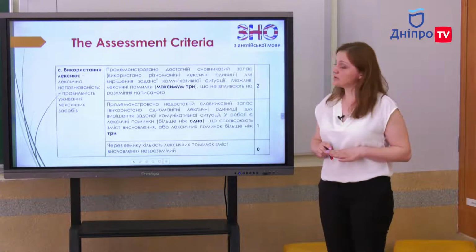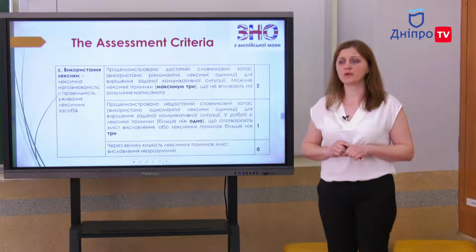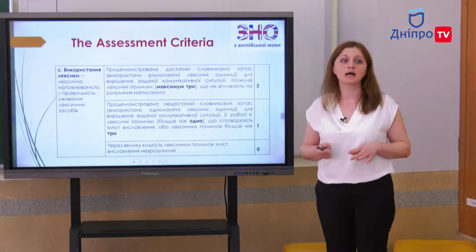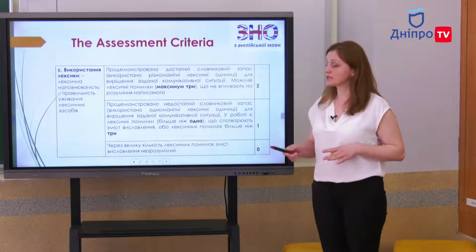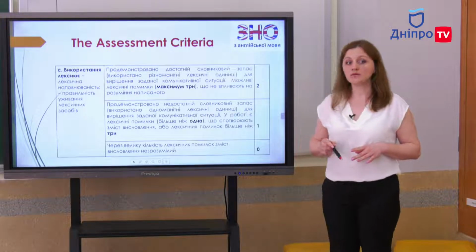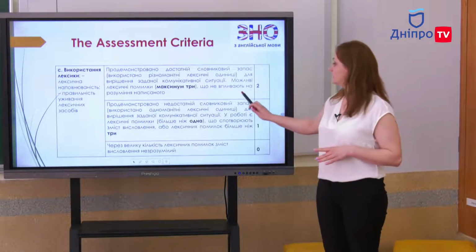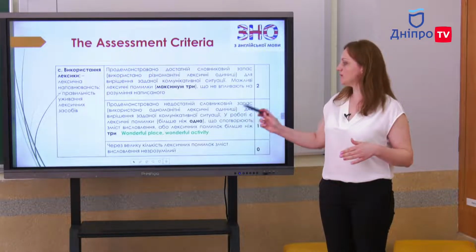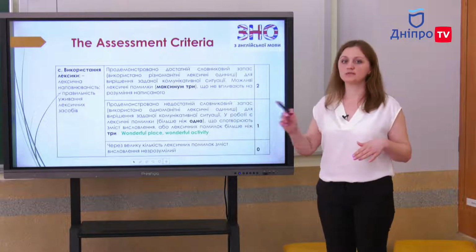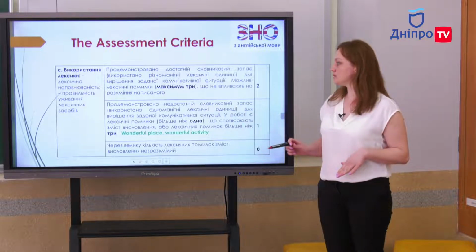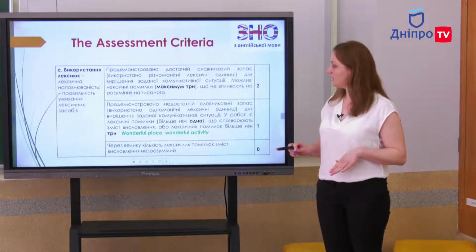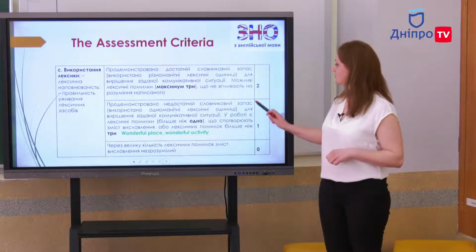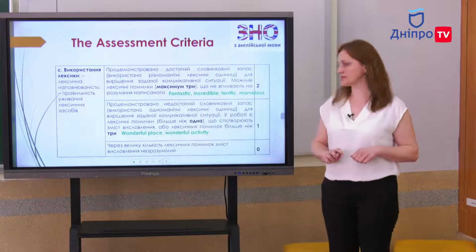You will get 1 point when your vocabulary is sufficient but not so diverse. For example, if you use the same word all the time, if in your letter you mention, for example, wonderful place, wonderful activity, and everything is wonderful in your paragraph, then this vocabulary is not diverse. You should use synonyms, and a lot of them.